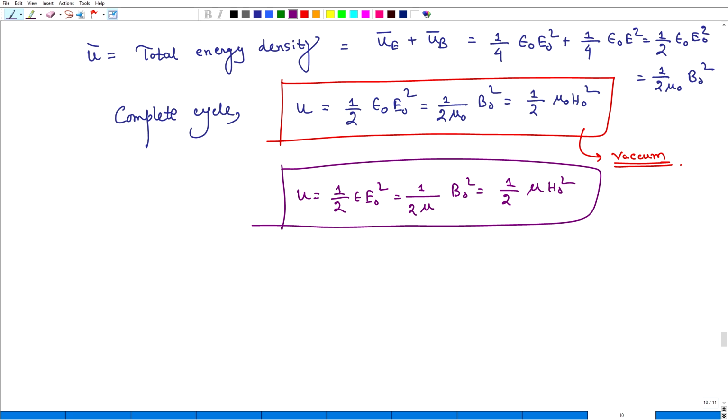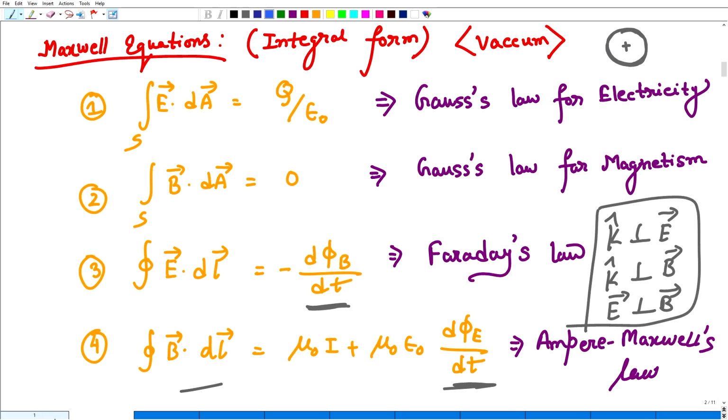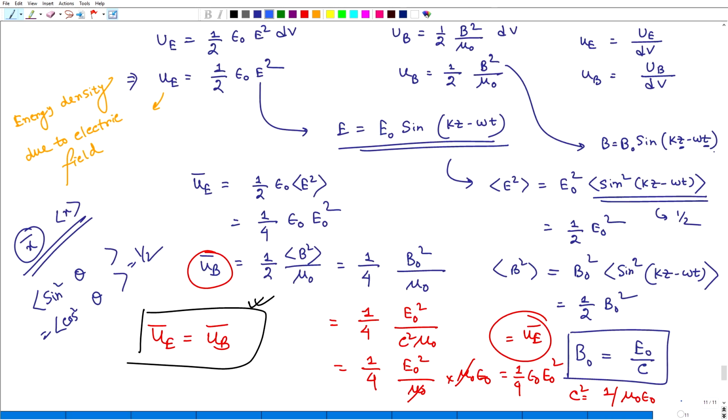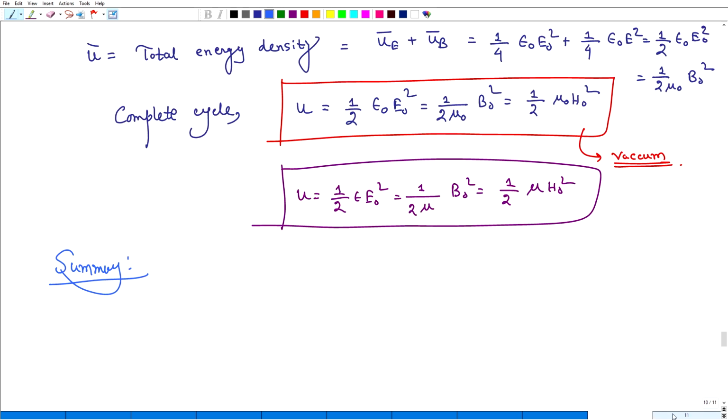Okay. So, now we stop today, but let us summarize today's lecture. Today we basically discussed the numerical part, some problems, but first we discussed the integral forms.